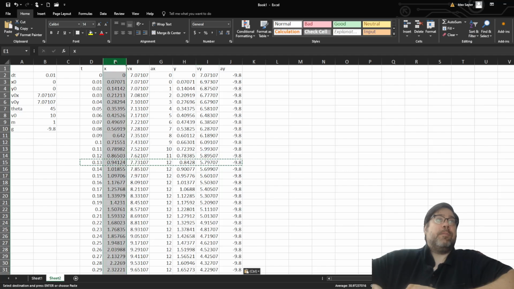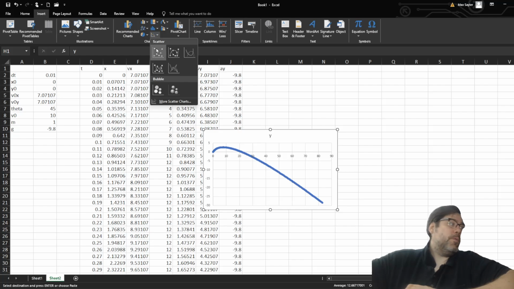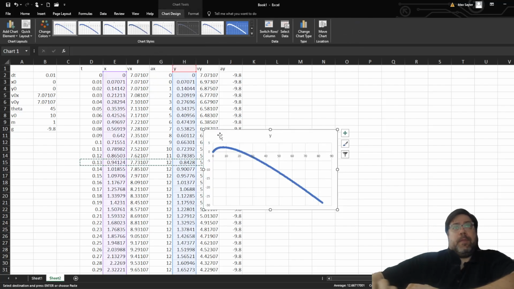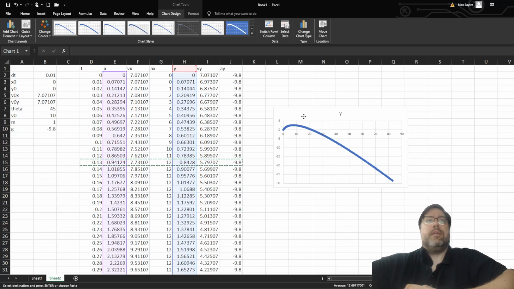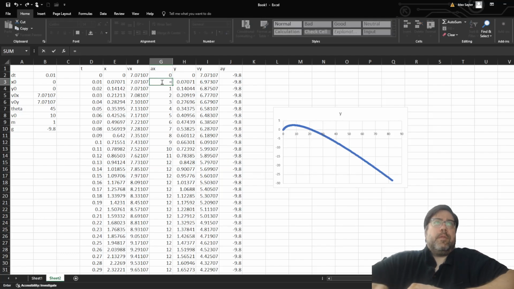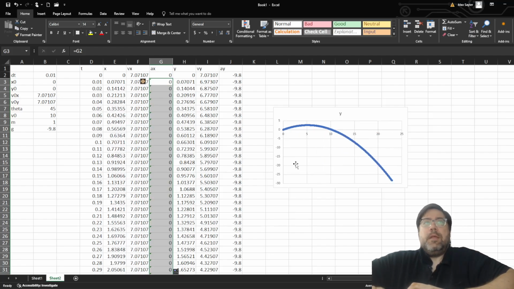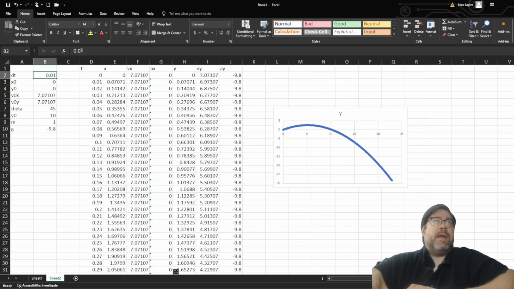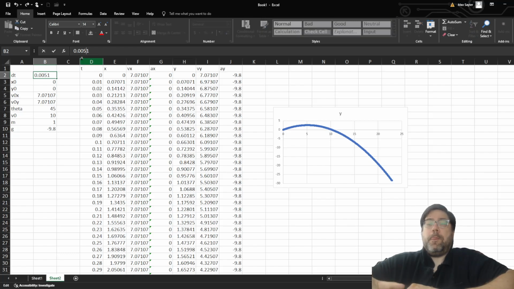Good. And now if I plot x versus y, insert chart with x versus y, something is not quite right. It doesn't look parabolic. Oh, there we go. So for some reason it wanted to act a little strange there.